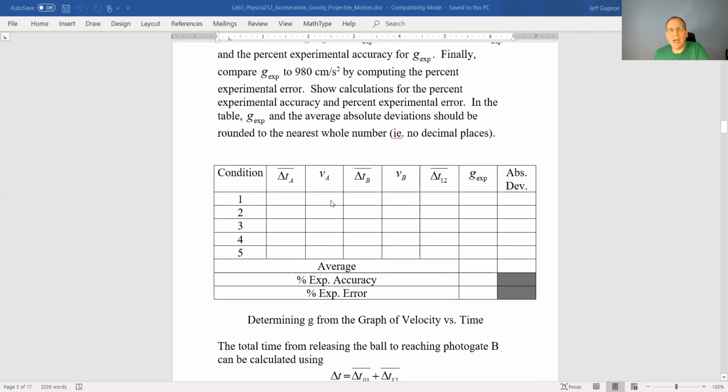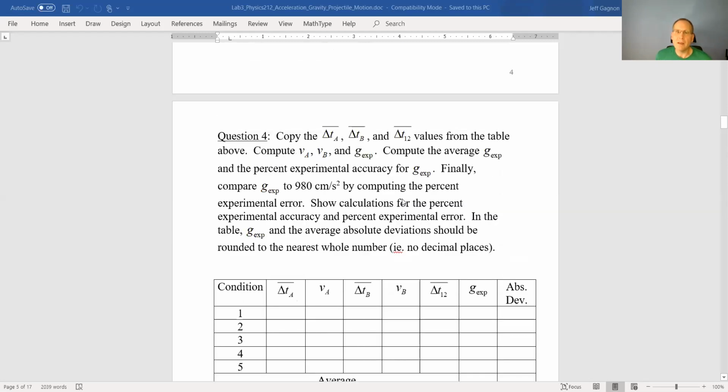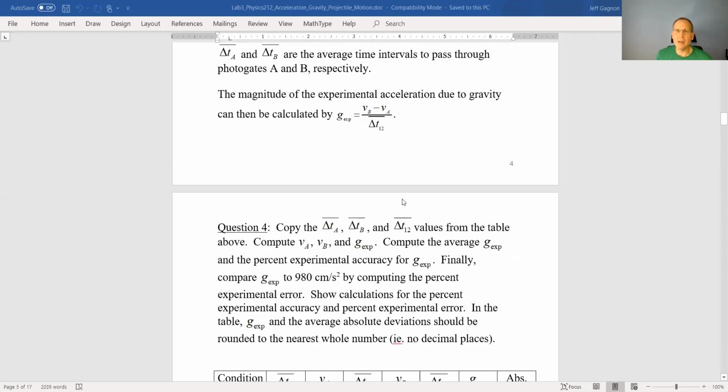Now, what is VA? Well, VA was the velocity right at photogate A, right? And remember, VB is our estimate of the velocity right at photogate B. So the question is, how do I compute those velocities? And it turns out that in general, you can think of a velocity as being the change in position over change in time.